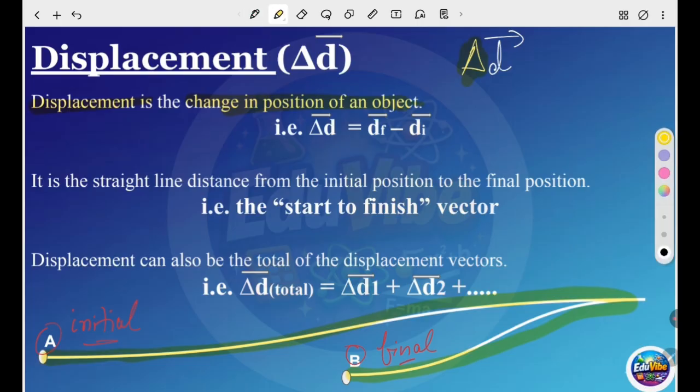When we have to calculate this, our calculation is based on this formula: delta D is equal to final position minus initial position. It is the straight line distance.